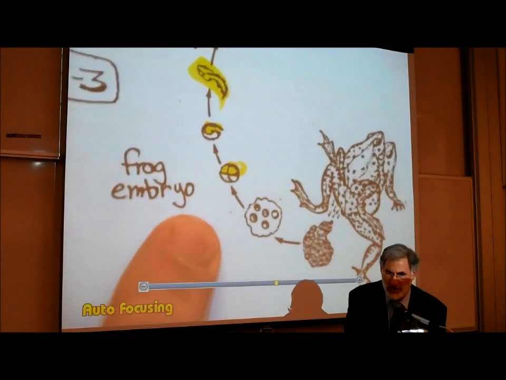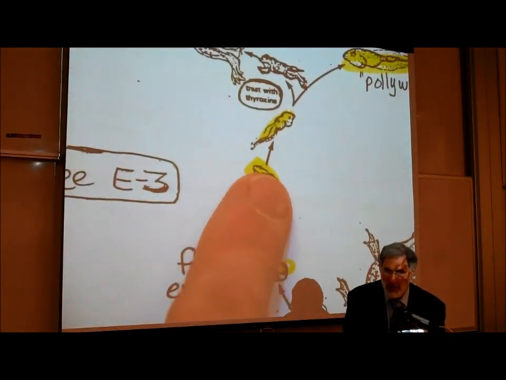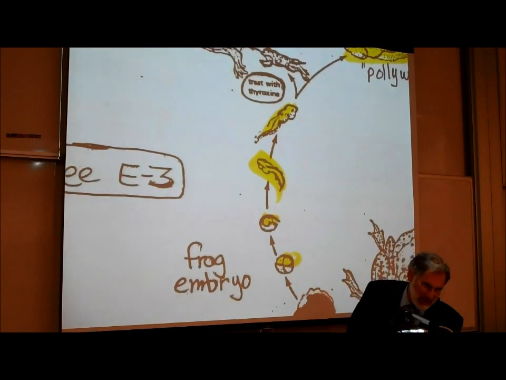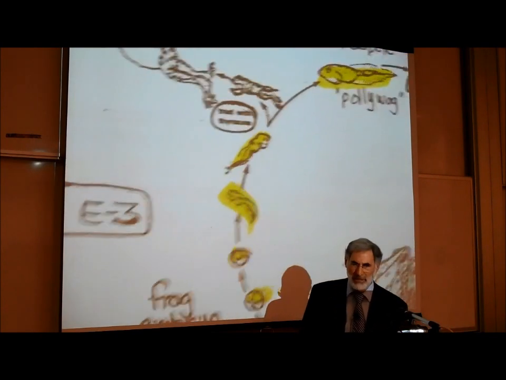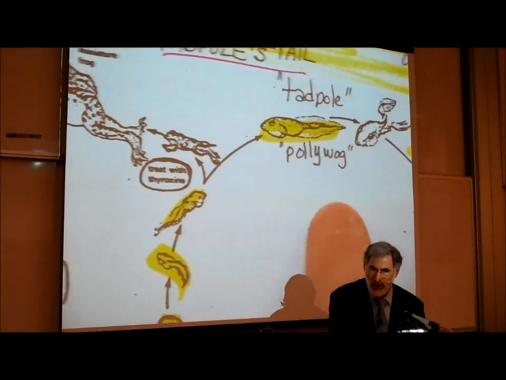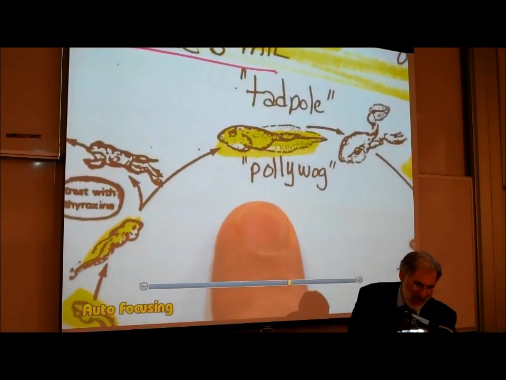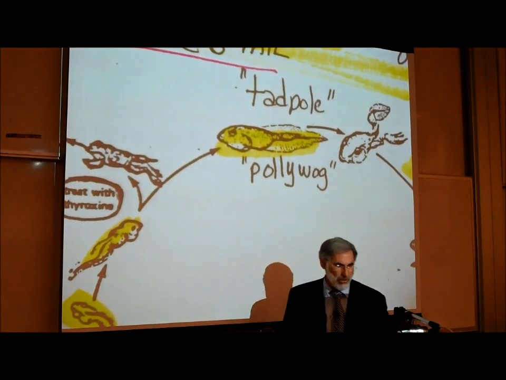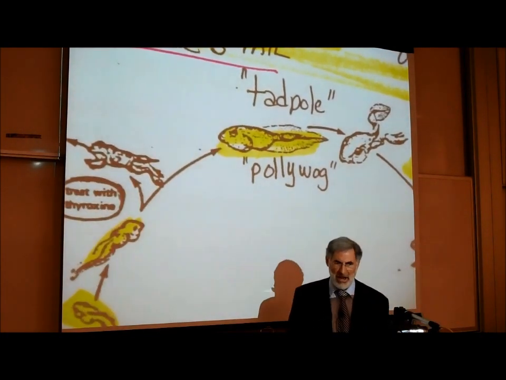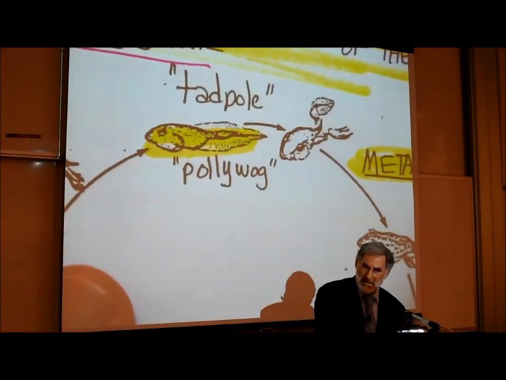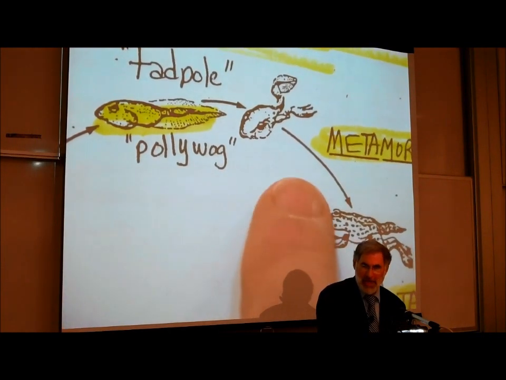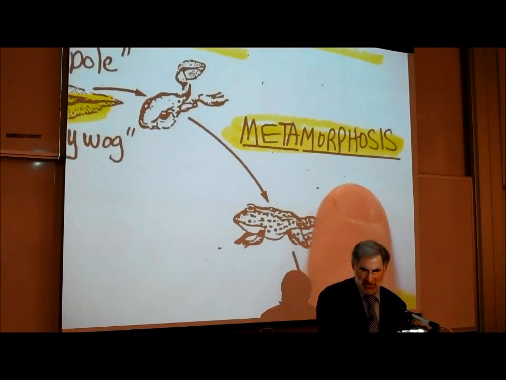These embryos start to grow. And they grow into something that looks like a fish. We commonly call it a tadpole or pollywog. And it looks like a fish. It doesn't have any legs, right? It has a tail, and so on. And then what happens is after it grows a certain amount, it starts to undergo metamorphosis.